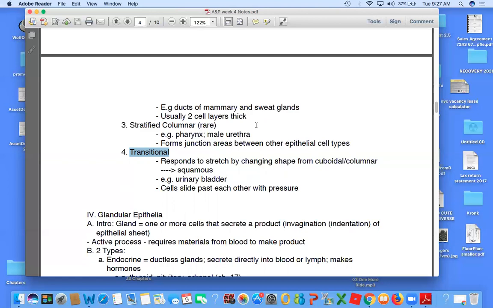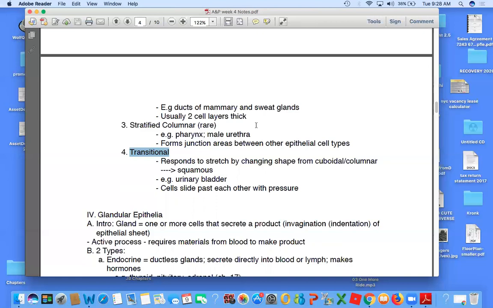Basically, the apical cells are bulbous and they respond to pressure. As pressure builds on transitional tissue, the transitional tissue changes shape from a cuboidal or a bulbous columnar cell to a squamous. So it squashes the transitional epithelial tissue.